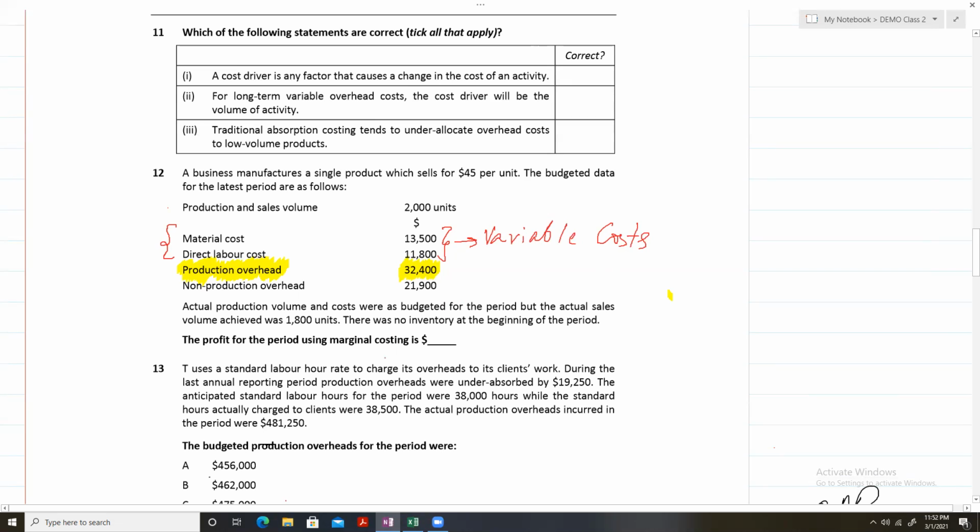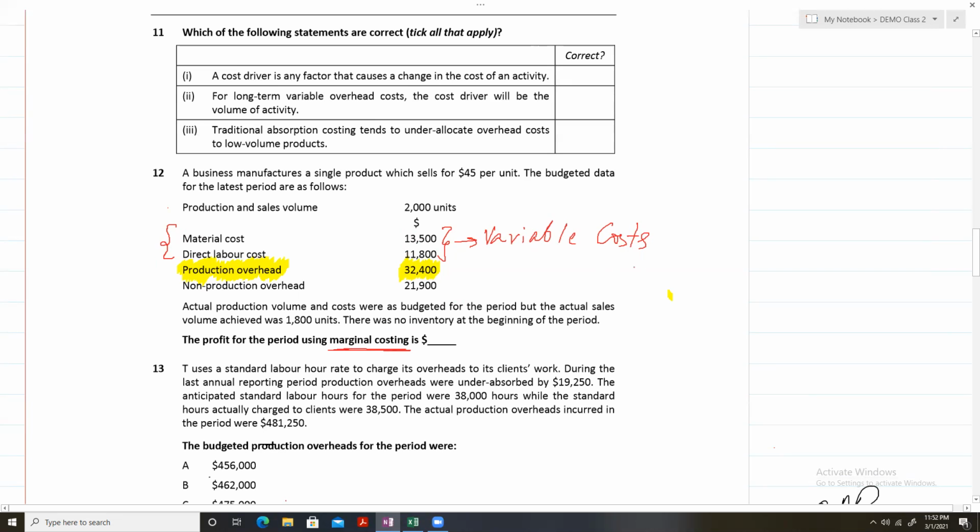And since we are required to calculate profit under marginal costing, we will just take these two variable costs to value inventory.